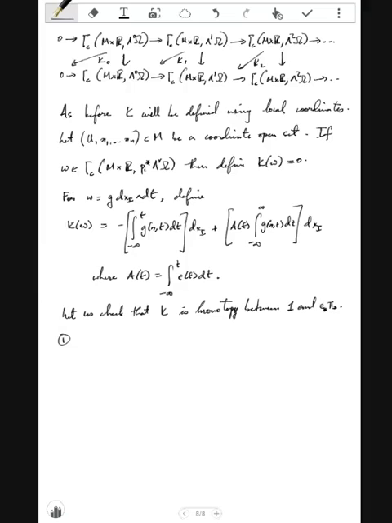So we have to check on two kinds of forms. First is when omega is of the type g dxi, then e lower star pi lower star omega is 0, since pi lower star omega is 0. Similarly, d of k omega is 0, since k omega is 0.